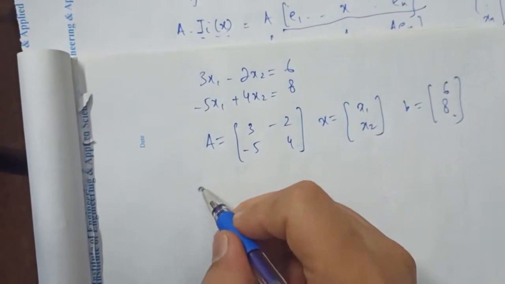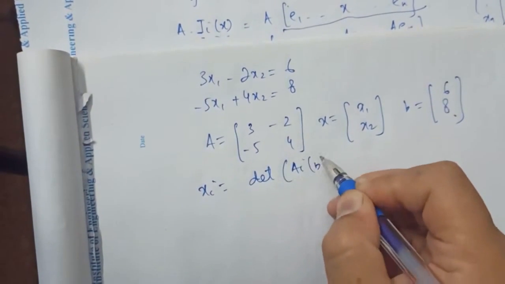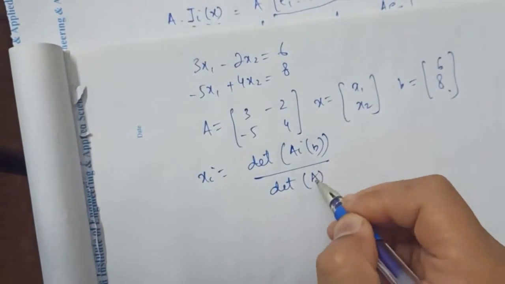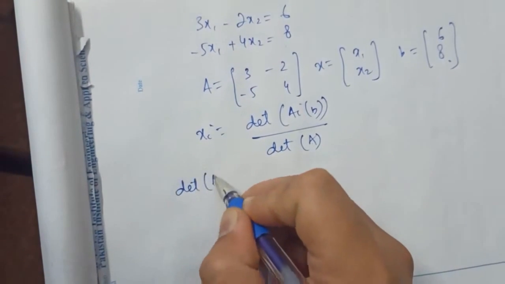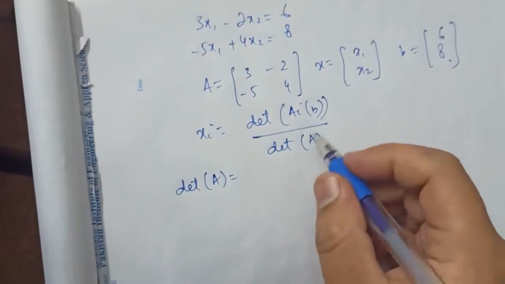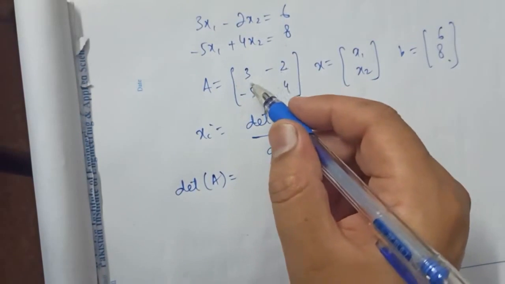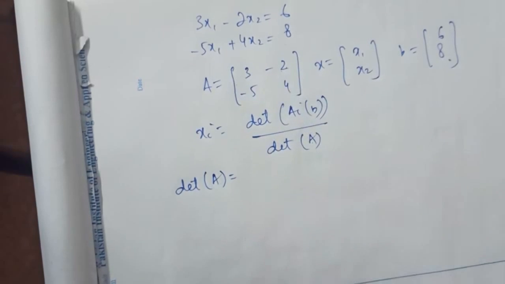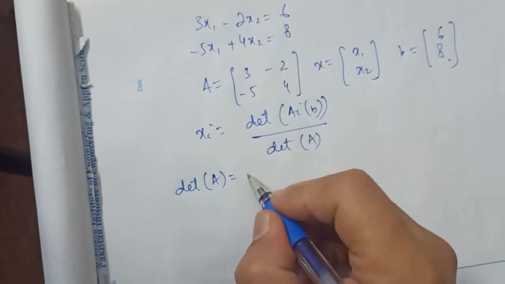Remember the formula is xi is determinant of A I B divided by determinant of A. So let's find determinant of A first, because that is required in all of the calculations. So 4 times 3 is 12, minus 10, so 12 minus 10, it becomes 2. So determinant of A is 2.